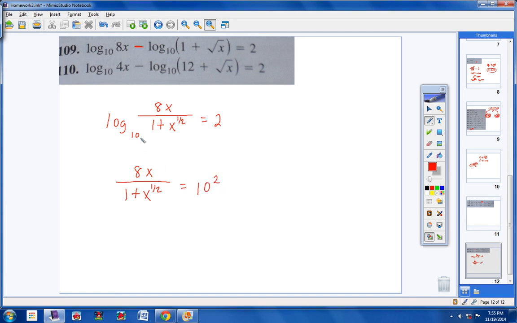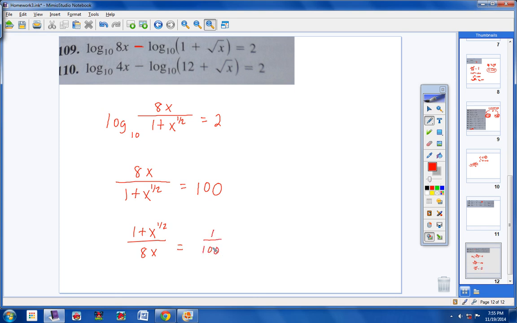Okay, writing it from logarithmic to exponential. So next I would have 100 here. Now I'm going to go ahead and flip both sides. Make it easier. So I'm going to have 1 plus x to the 1/2 over 8x equals 1 over 100.